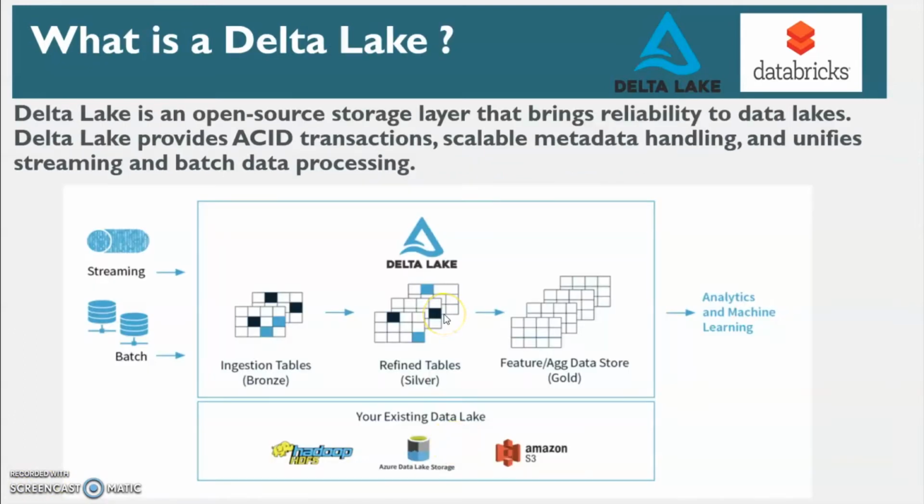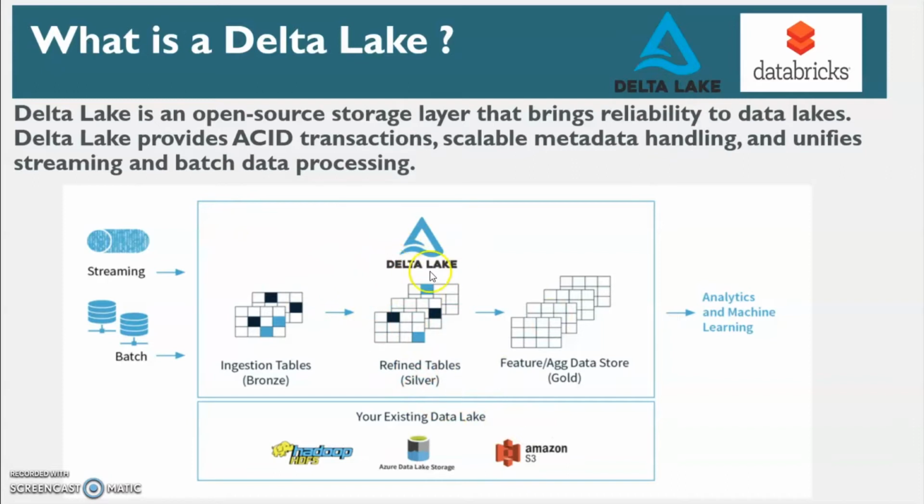This is the delta data flow architecture. Here you can see two main sections, the delta lake section and the data lake section. In the data lake section, we can see our normal data lake products like HDFS, Hadoop, Azure Data Lake Storage, Amazon S3 bucket. On top of that data lake, you can see this delta lake layer.